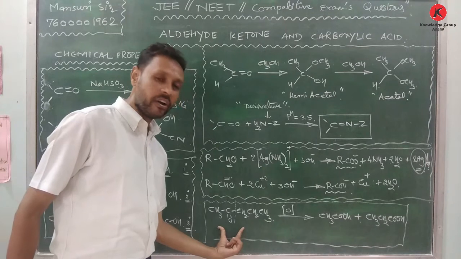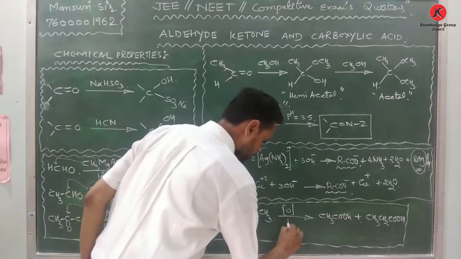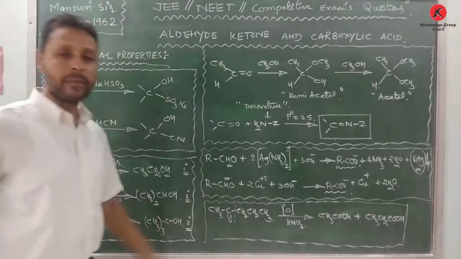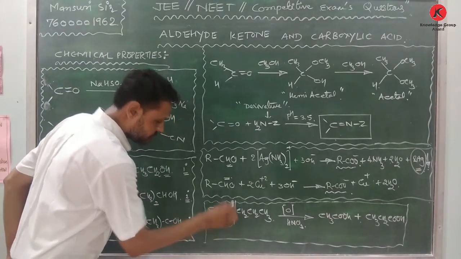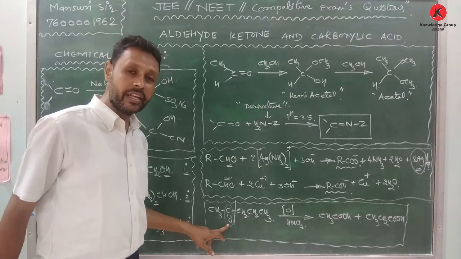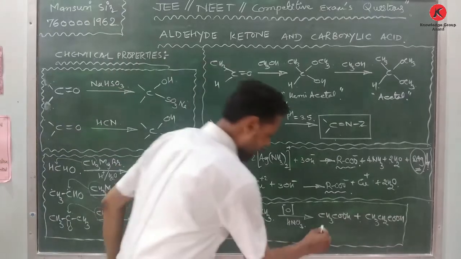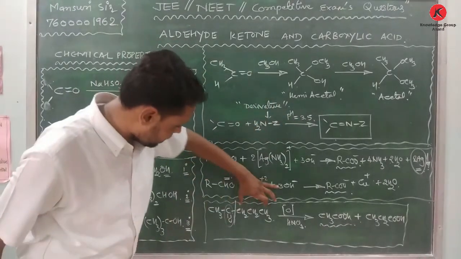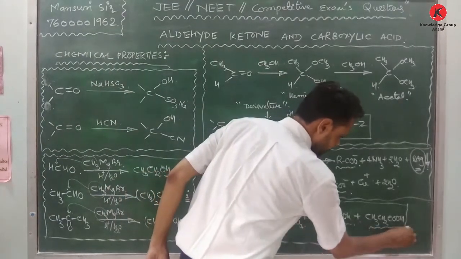Okay, now here propan-2-one is given. When propan-2-one reacts with a highly oxidizing agent like HNO3, then what will happen? Then this carbonyl will be removed with a small alkyl group and forms carboxylic acid. Thereafter the remaining 3 carbons will also form carboxylic acid.